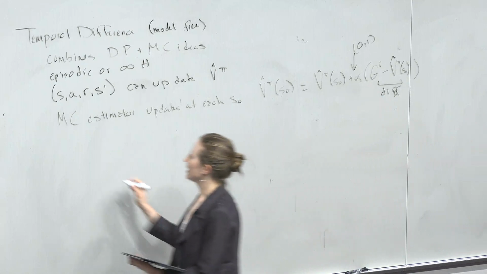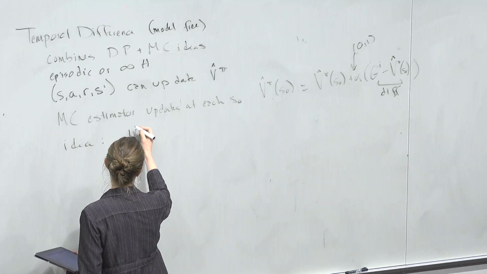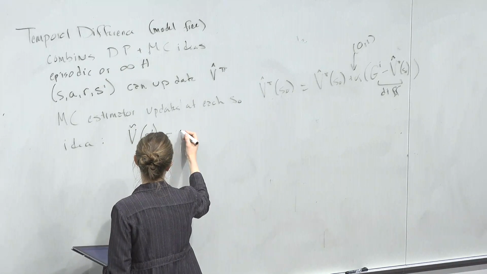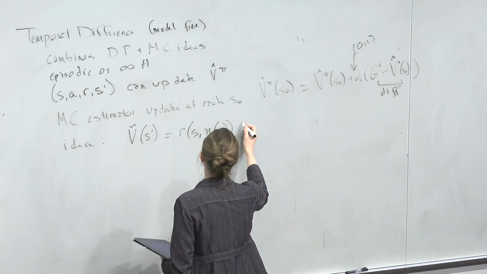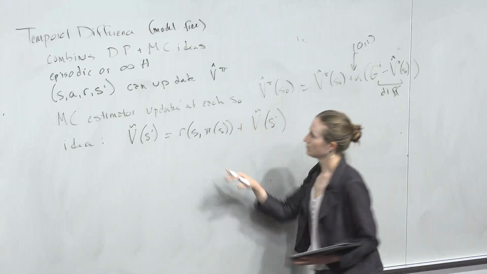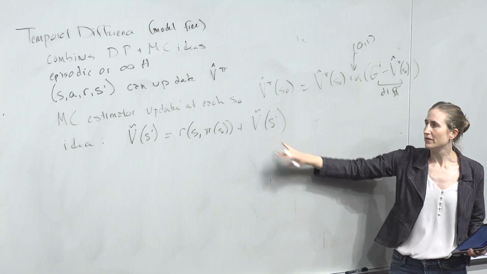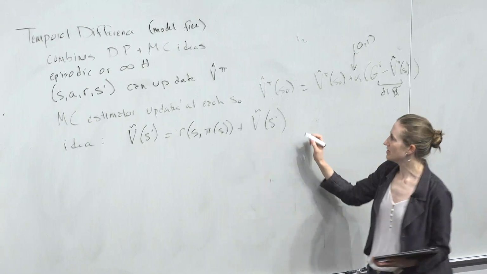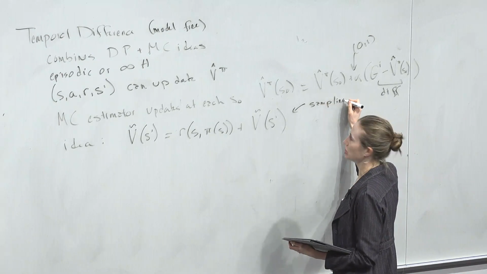So the idea is we could instead approximate V pi of S prime as the immediate reward plus our current estimator of S prime. Now that's just a sample, because note we've dropped the expected discounted sum of rewards here. So this is sampling, because we're sampling an expectation.